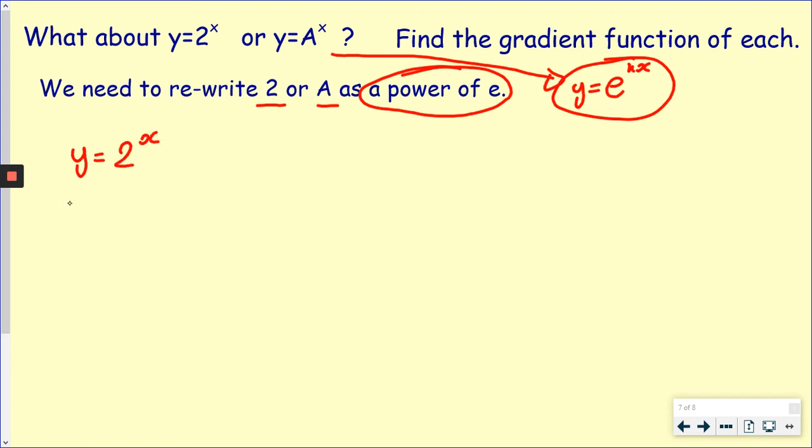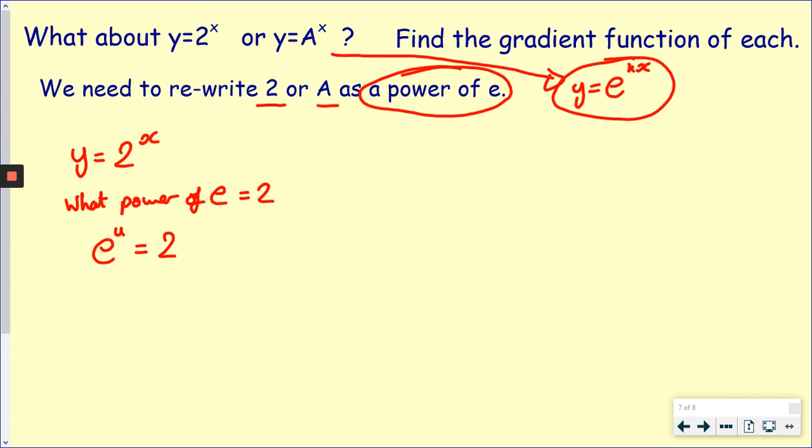We're going to want to ask ourselves, what power of e equals 2? i.e., e to the, let's pick a variable, let's say u, e to the power u equals 2. This is just an equation that we can solve using logarithms. You could take logs to both sides. This time I'm going to use the definition of what a logarithm is.